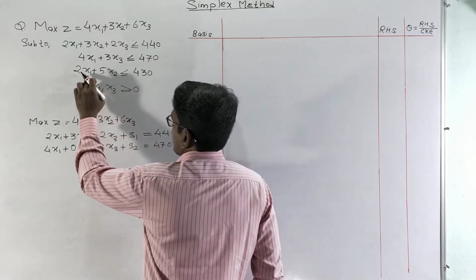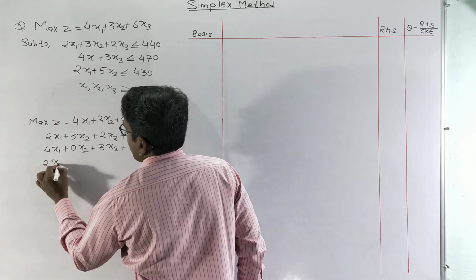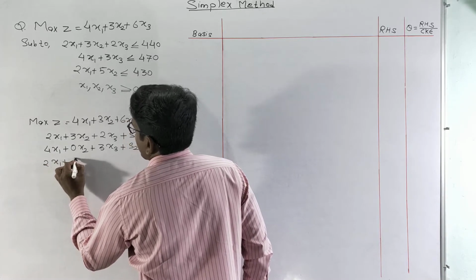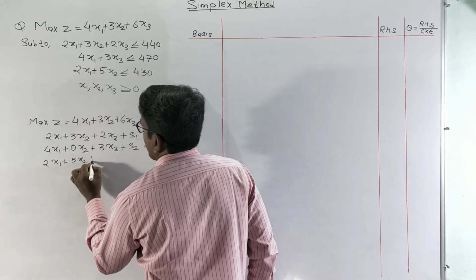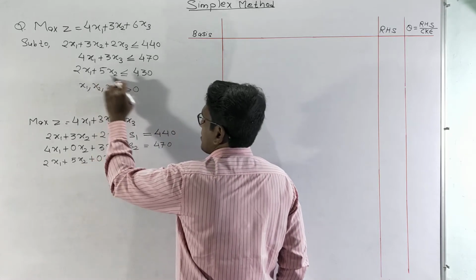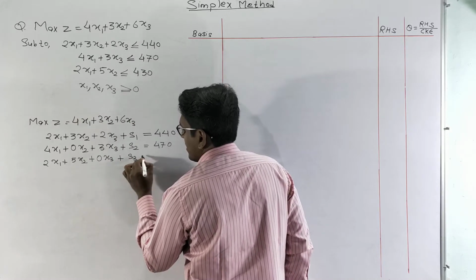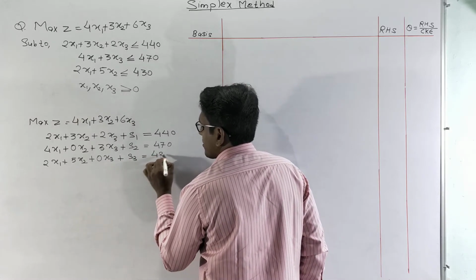Similarly for the third constraint, x1 and x2 are there, so I'll write 2x1 plus 5x2 plus 0x3, because the coefficient of x3 is not given, so I have taken it as 0, plus s3 equals 430.